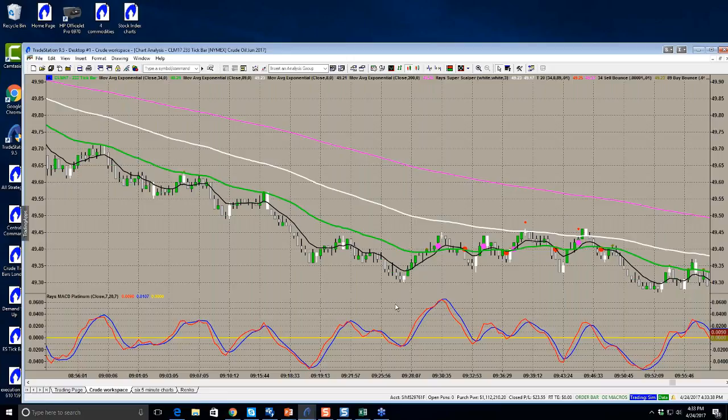This is known as a bullish divergence. However, this is a counter trend trade, which we'll talk about when we talk about divergence. But I'm just showing you right now that that is the primary reason that we have the MACD.